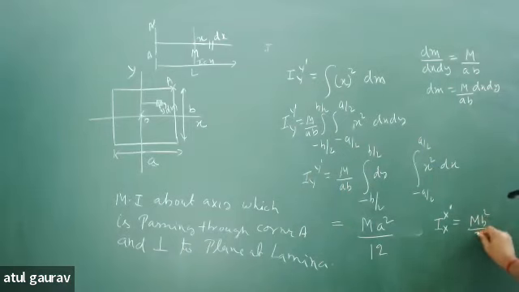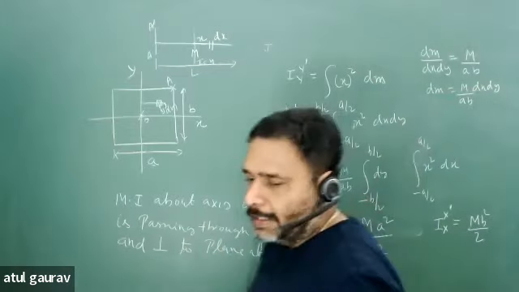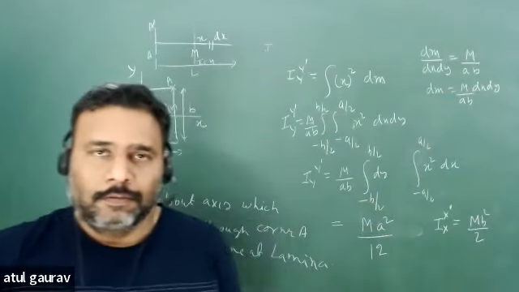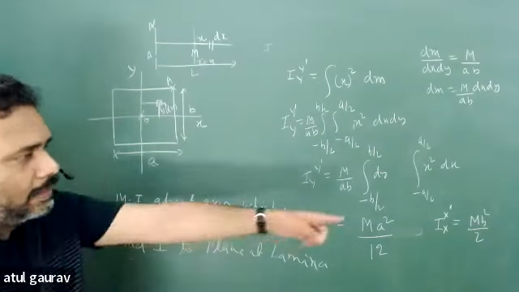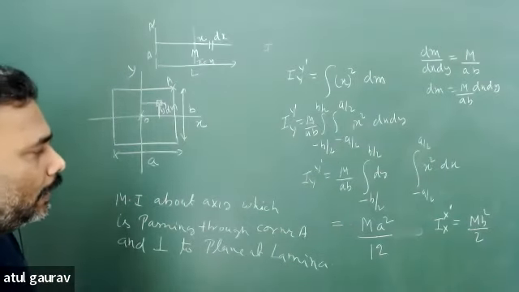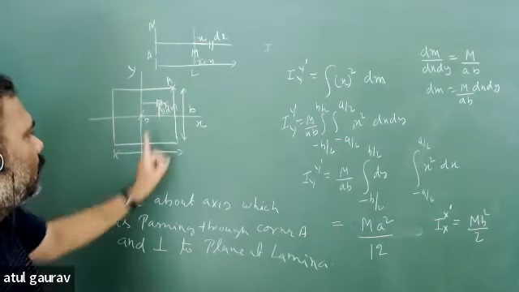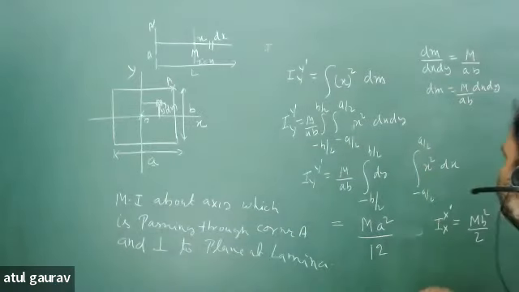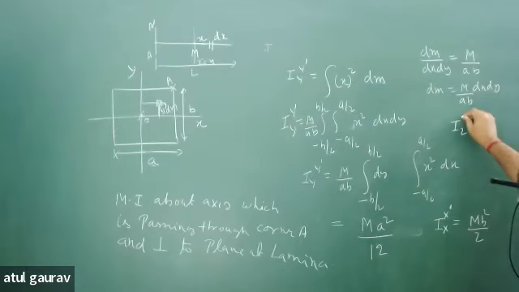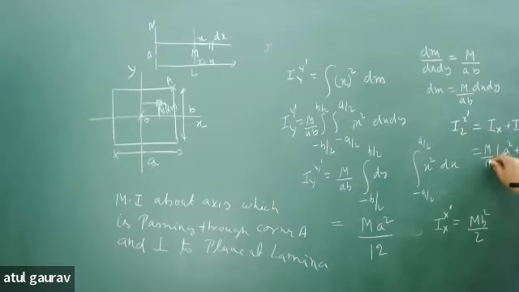And there the perpendicular distance will be y, right? Something like this. If we are taking it about this axis, then this will be my perpendicular distance, and you will get m b square by 12. Now you have the moment of inertia about this axis, and about this axis. Then you can easily find the moment of inertia about I zz dash by Ix plus Iy. And that value is equal to m by 12 times a square plus b square.